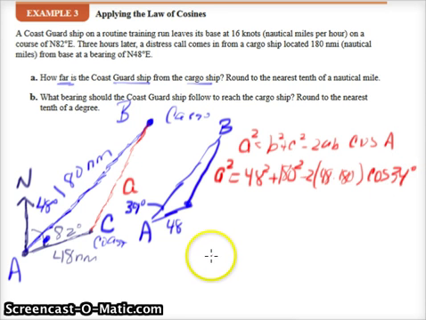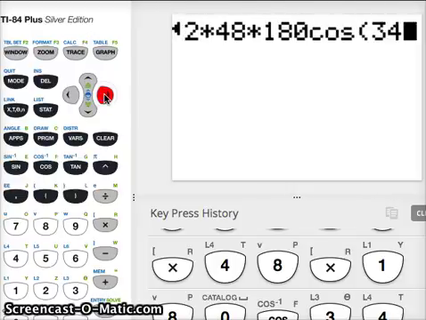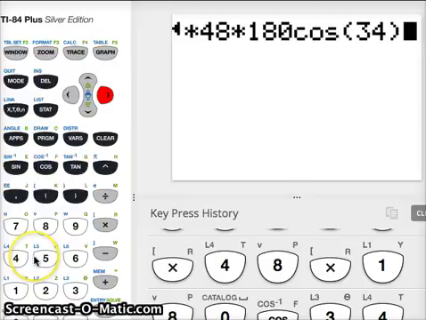Okay, when we do that on the calculator, we put that in, and I hit enter.